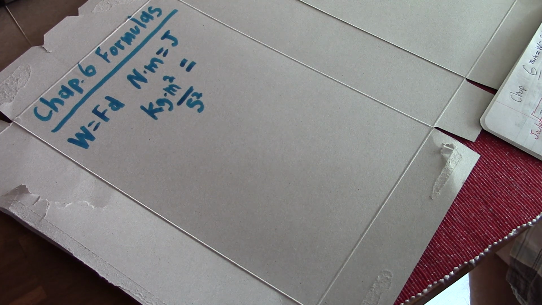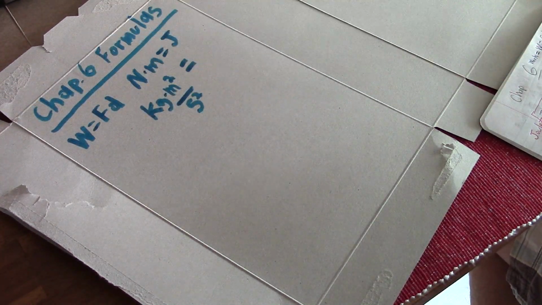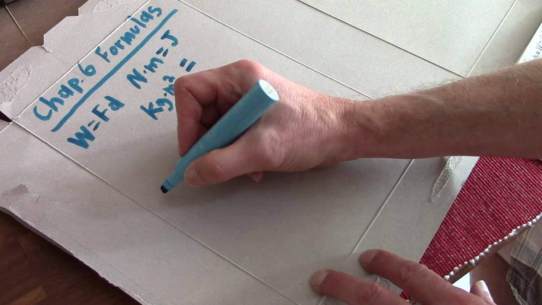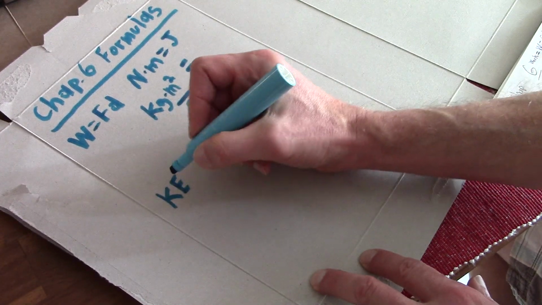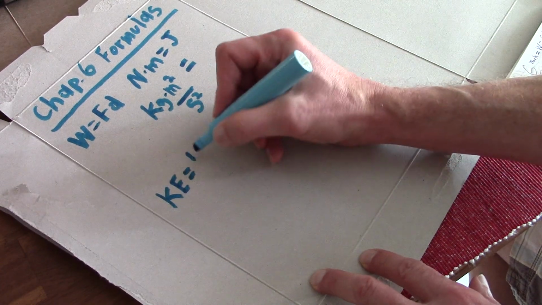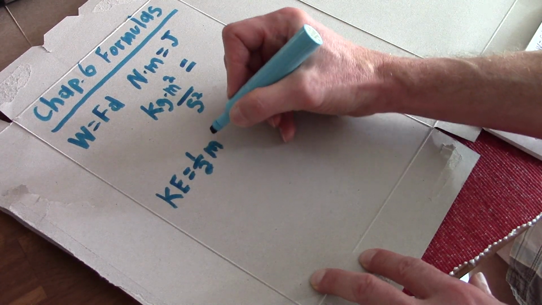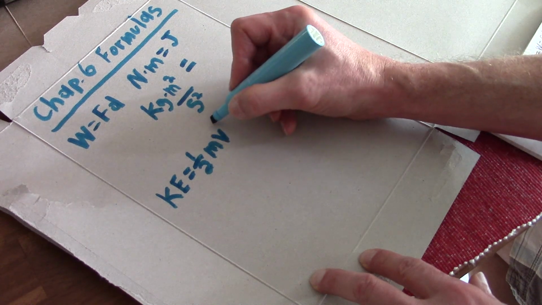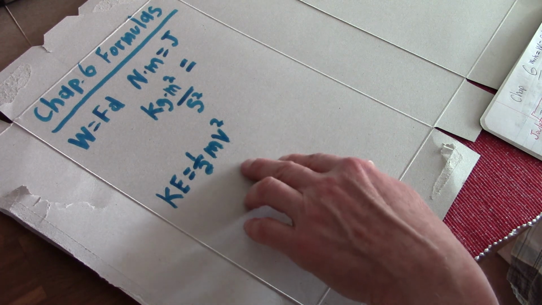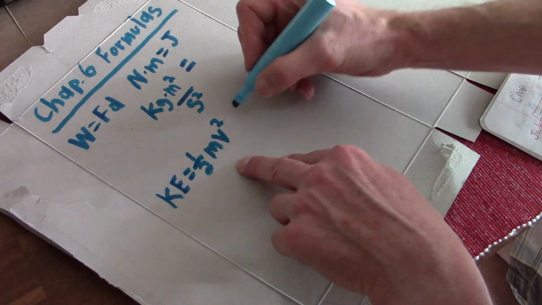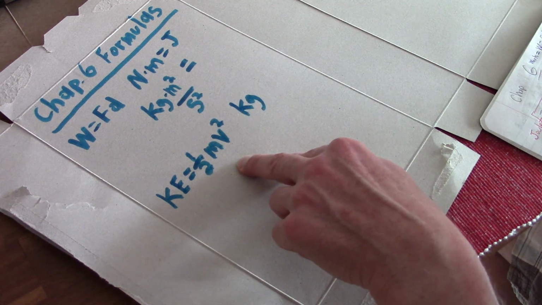Okay, well, what about energy? So kinetic energy, if you're moving, right? They're calling that kinetic energy. And we learned that kinetic energy is equal to 1/2 your mass times velocity squared, 1/2 mv squared. So let's look at those units, right? So mass would be a kilogram.